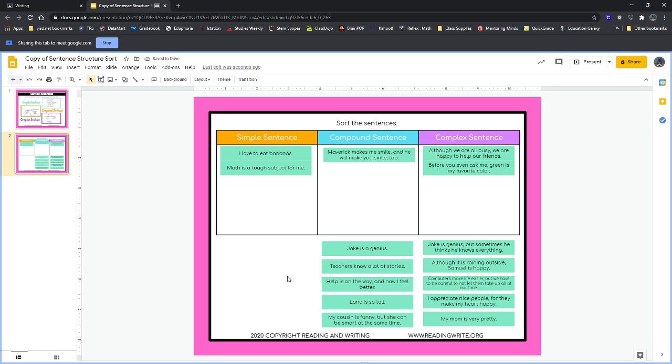So, simple sentence. What about the next one? Jake is a genius. Violet. A simple sentence. Again, very short. There's not a lot of extra information. They're just telling us Jake's a genius.